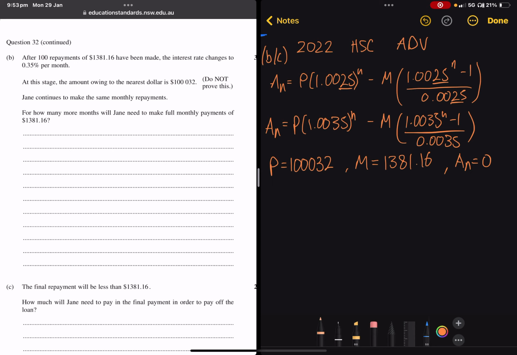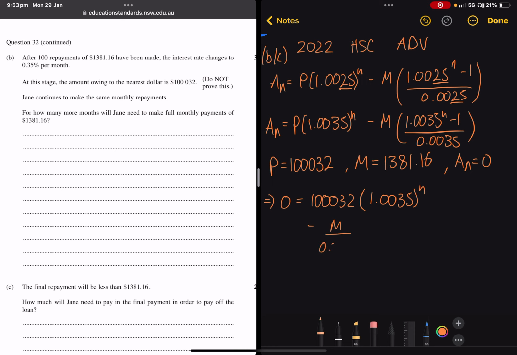So let's plug our numbers in and rotate this around a little bit. So we have 0 is equal to 100,032 times 1.0035 to the N minus M. I'm going to expand the numerator here.